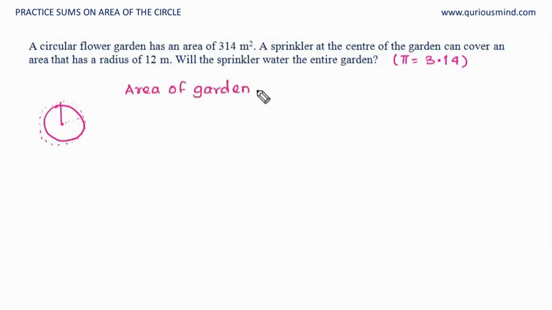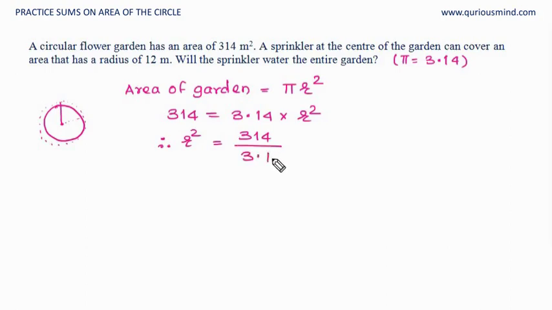Area of garden is pi r square, and it is given to be 314 meters square. So 314 is equal to pi is 3.14 into r square, which gives us r square is equal to 314 divided by 3.14.